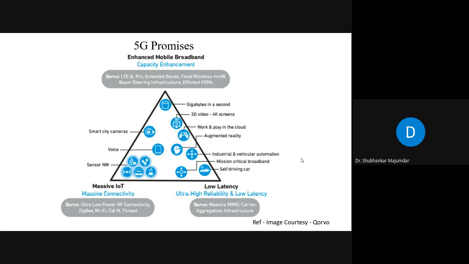And if the channel capacity increases, then we can connect a massive IoT network, and we can also make low latency. As the channel capacity increases, the data rate also increases, and so the delay decreases. So it happens to be a low latency architecture.